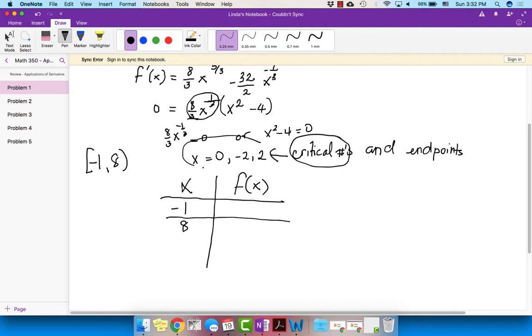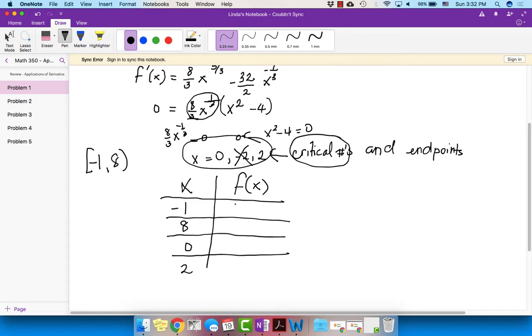Now, of my three critical numbers, -2 is out of the domain. It is to the left of -1, so we don't consider it. So we only have two critical numbers, 0 and 2.